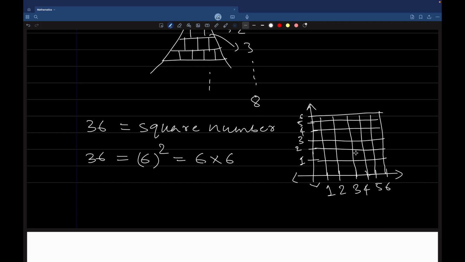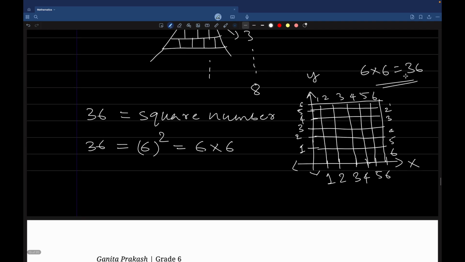We can draw 36 as the product of 6 cross 6. This is the x direction, this is the y direction. We get 6 here and 6 here. There are 36 cubes. 6 cross 6 is 36. Hence 36 is both a triangular number and a square number.